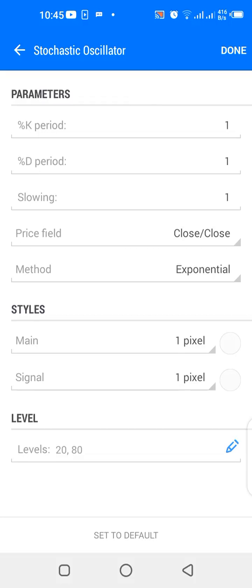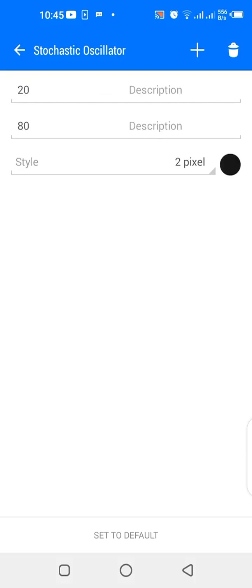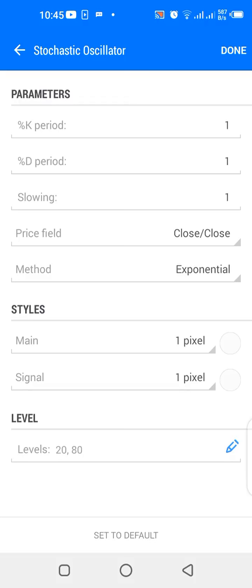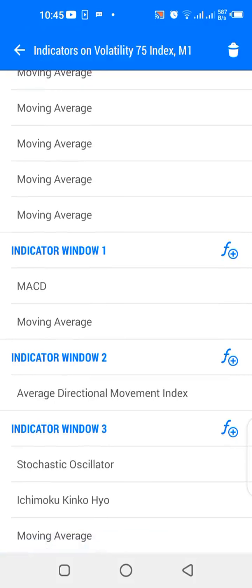The main star color will match the background color as well as the signal star color. Let's look at the levels. We have 20 and 80. Now let's go to the next indicator on indicator window 3.